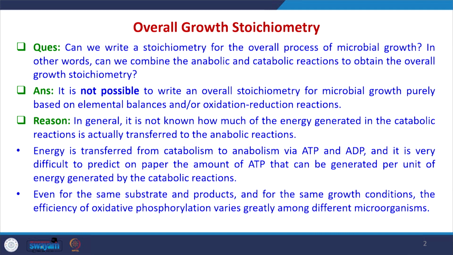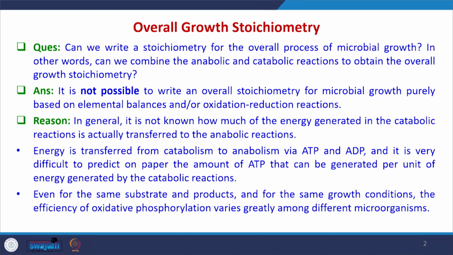The energy transferred from catabolism to anabolism via ATP and ADP is difficult to predict on paper, because the amount of ATP that can be generated per unit energy generated by the catabolic reactions is difficult to predict. So, in general we cannot write how much of the energy generated via catabolic reactions has actually been used by the anabolism reaction. So, it is very difficult to predict.